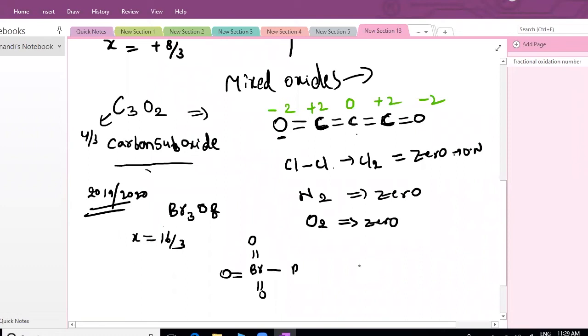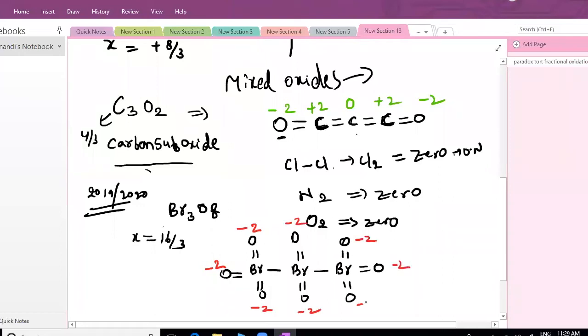Those are oxidation numbers. So this is 6 plus 4 plus 6.